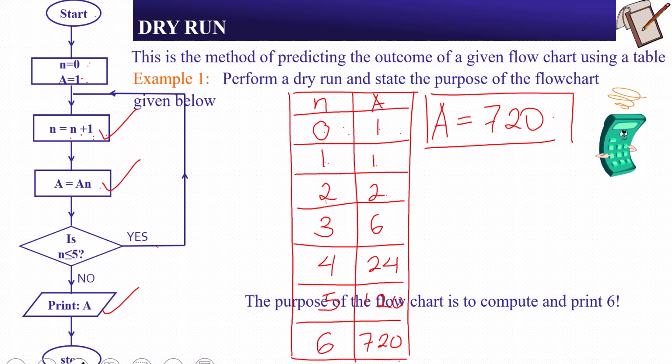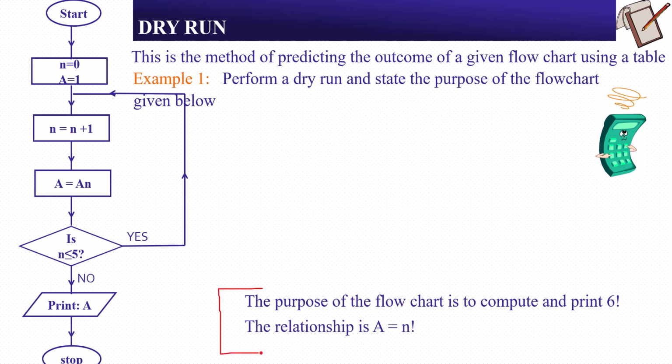That means if our print statement was here, then we would be printing all these. But since our print statement is here, then we are printing only 6 factorial. And then the relationship between A and n is that A is equal to n factorial. You can see these things properly.